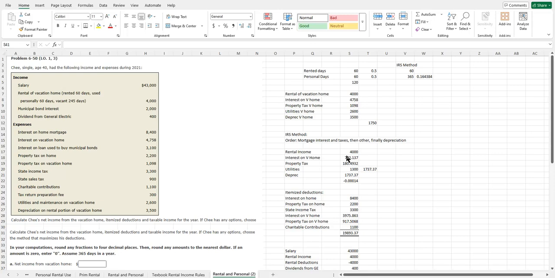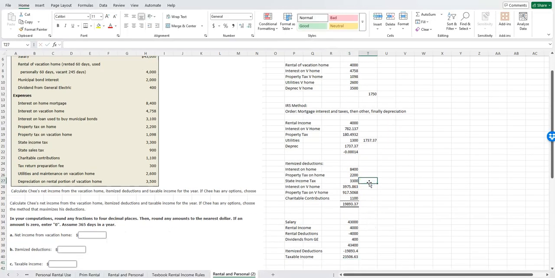Now it asks us to do the most favorable one, and so we did the IRS method because that gave us the most favorable itemized deductions. If we did the court method, what that would have done is it would have given us more interest on vacation home and property tax to deduct against our for AGI deductions, but then we got down to 0 no matter what, and that would have left us with less itemized deductions down here, which would not have been good because we can't take a loss anyway.